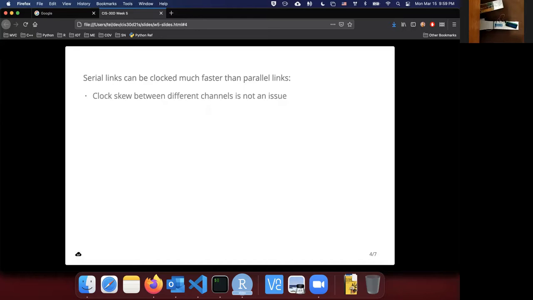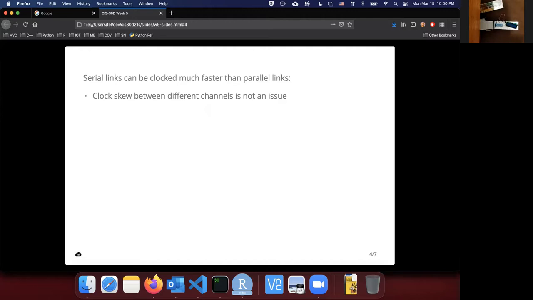The reason we can do that is because parallel communication has a clock synchronization issue. You need to synchronize the signal across as many different wires as you're sending simultaneously. Otherwise, there could be an issue with the so-called clock skew.